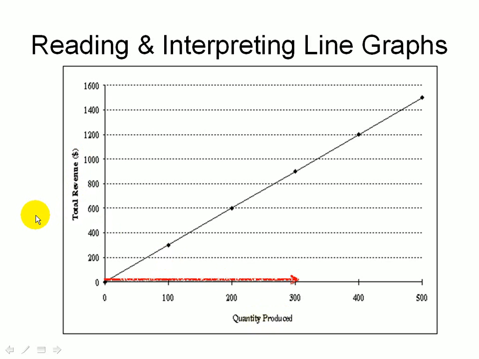At a quantity produced of 300, we have a total revenue of $900. Hence for this point we can call 300 the x-coordinate and 900 the y-coordinate. So this is how you interpret and read graphs, in this case a line graph.